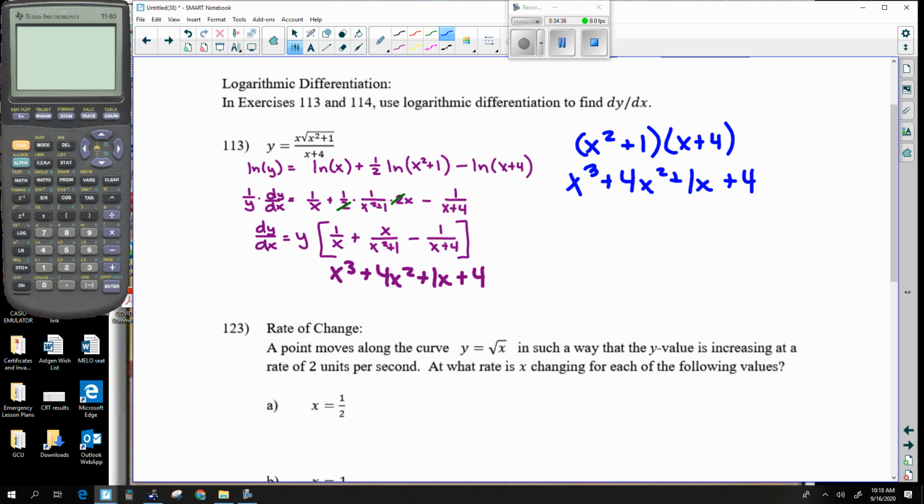The middle fraction needs an x and an x plus 4. And so it already has a numerator of an x, so that's going to add an x to the third plus a 4x squared.